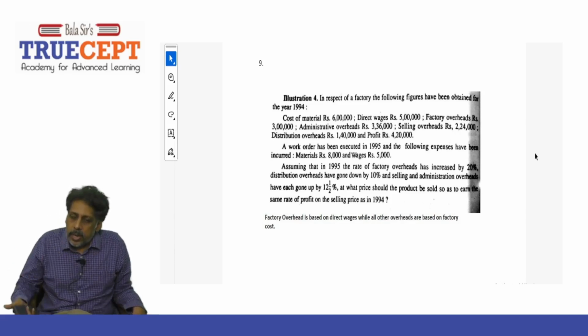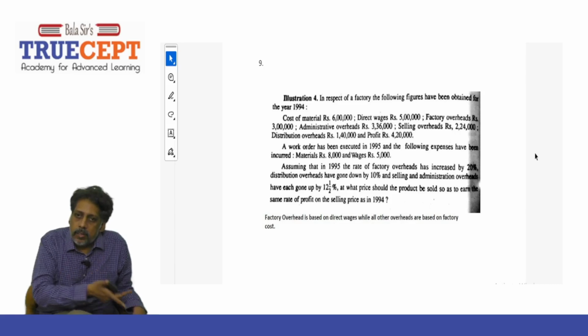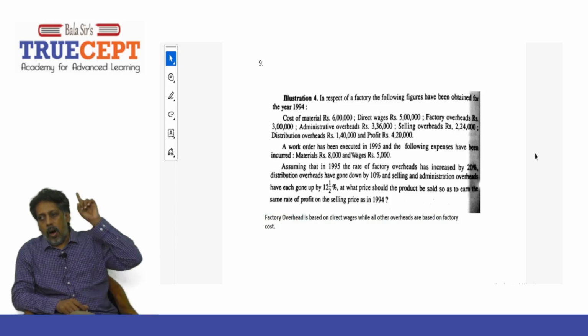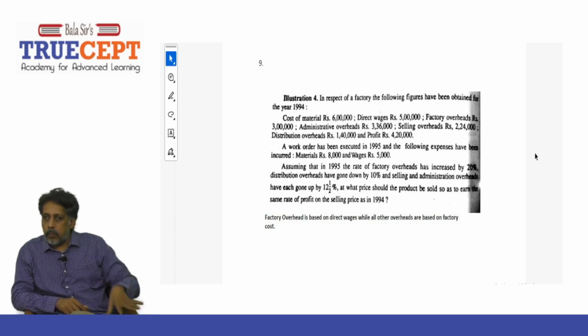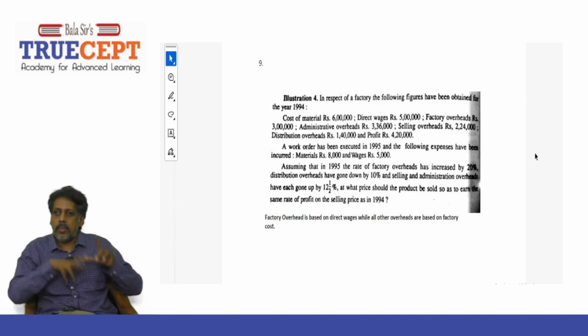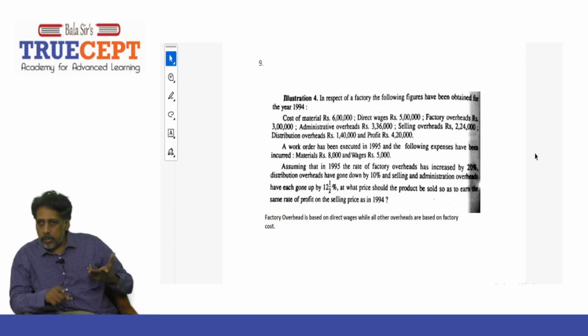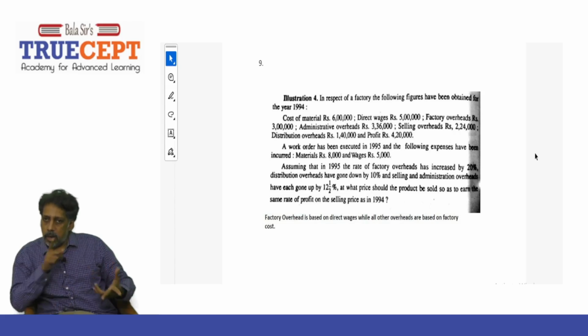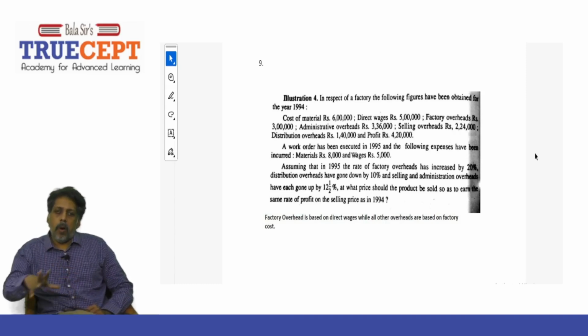Now, the indication is given very clearly how the overheads are recovered. Why recovery? Because all these costs will be recovered from the customers anyway, right? When you fix the price, how do you fix the price? The total cost, add profit, you get what? Selling price. So now, how to go about this example?